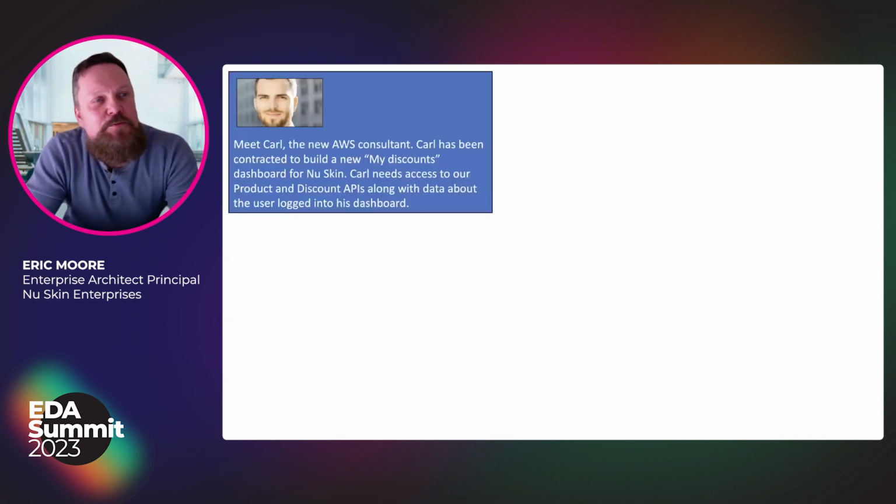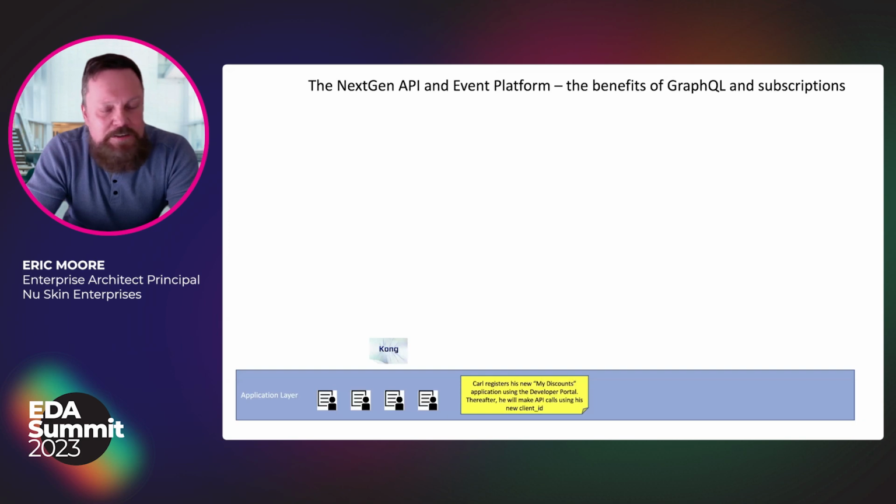There's another use case where you meet Carl. We have a lot of AWS consultants in the last 3-4 years that do work for us because we are out on AWS. And let's say that he's being asked to build a new My Discounts dashboard. And that means that he needs access to our product and our discount APIs.